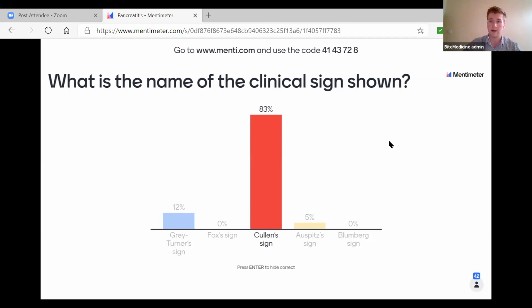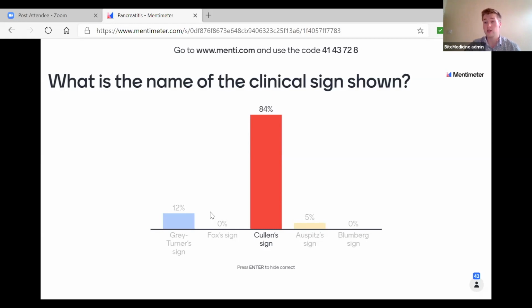That's pushing down on the abdomen, releasing it, and if pain and tenderness is elicited, then it's likely due to peritonitis. It's not really used anymore. Auspitz's sign relates to removal of psoriasis plaques, and on removal, whether or not the patient bleeds. If they bleed, it's called Auspitz's sign.